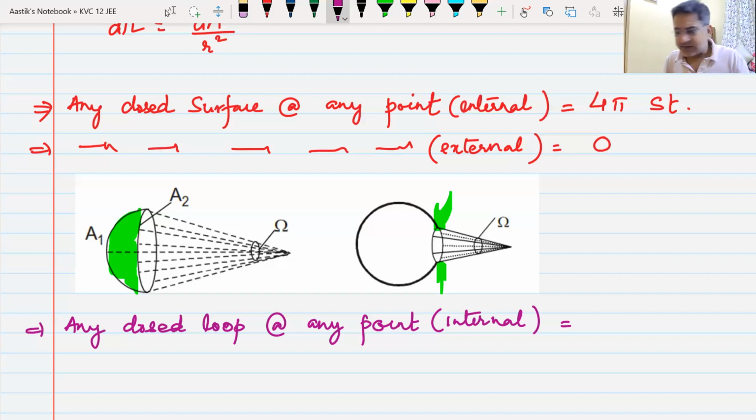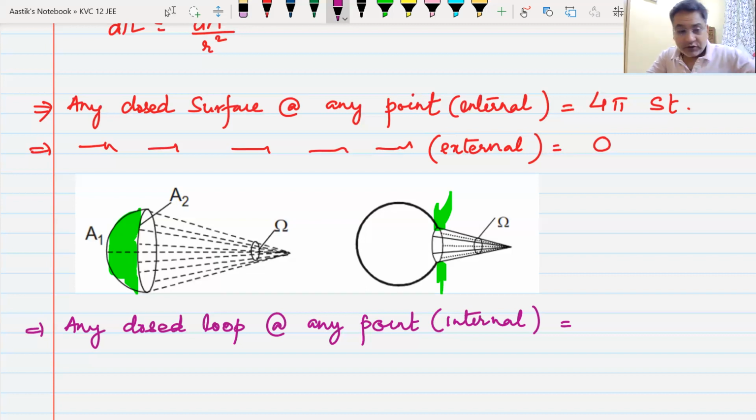What is the angle subtended by a circle at the center? 2 pi. If you have a square, what is the angle subtended by a square at the center of the square or any point inside the square? 2 pi. You have any random shape loop at any internal point, the total angle it is going to subtend is 2 pi radians, 360 degrees. Do we understand this? Yes, sir.